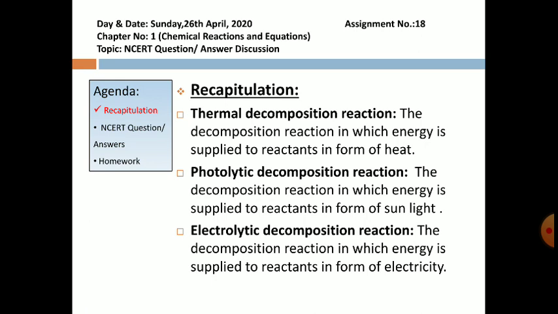Photolytic decomposition reaction: the energy is supplied in the form of sunlight. Electrolytic decomposition reaction: the energy is supplied in the form of electricity.